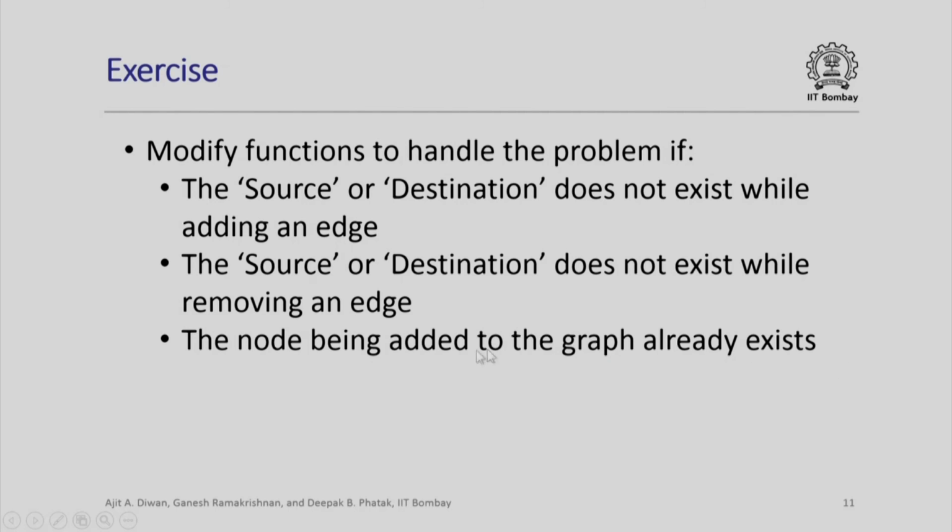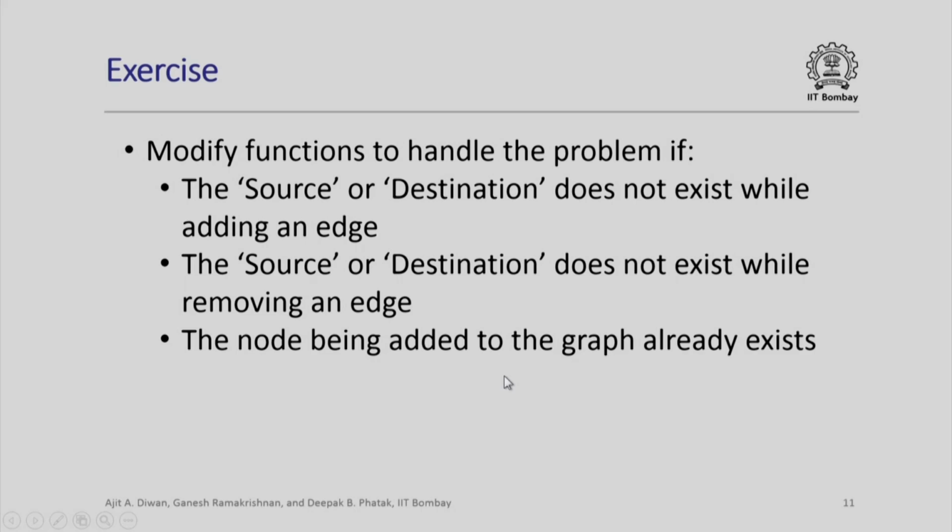As an exercise, I would like to suggest that you try to modify functions to handle the problems if, for example, the source or destination does not exist while adding an edge, or the source or destination does not exist while removing an edge. More important, and this is a harder problem, the node being added to the graph already exists. Right at the beginning, you remember we added nodes 1, 2, 3, 4, 5 arbitrarily, because these were fixed nodes that we have.